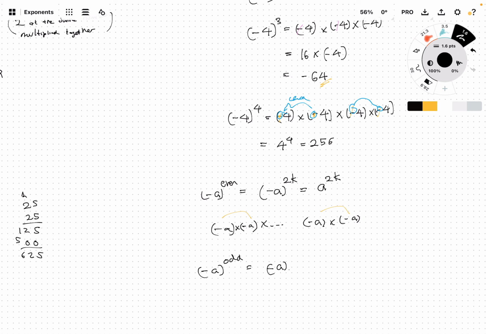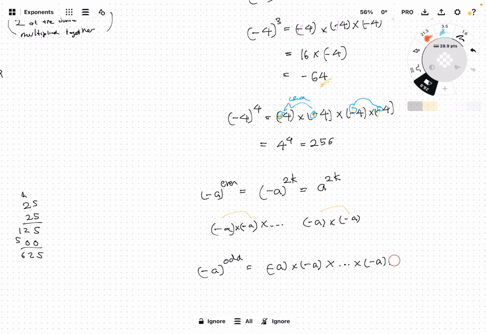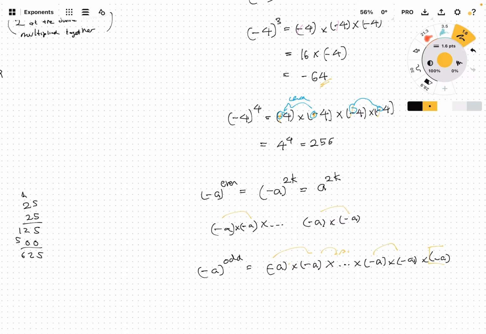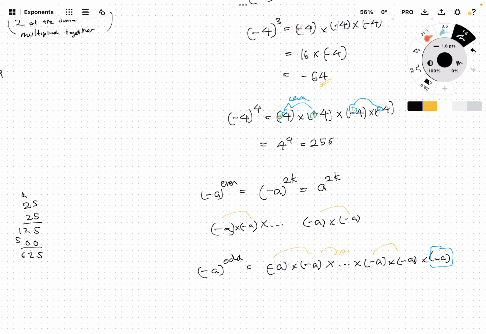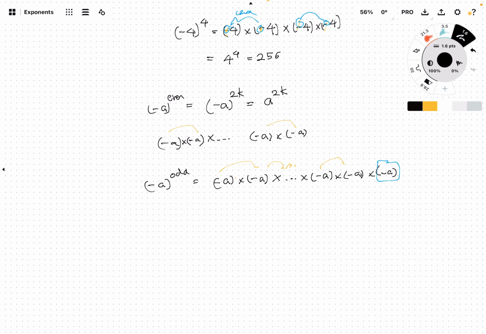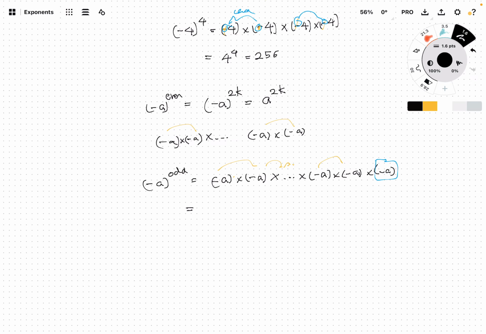So one of the negatives doesn't cancel. Everything pairs, pairs, pairs, and then pair here, but then this is lonely. This has no pair. Therefore, the overall answer is negative.